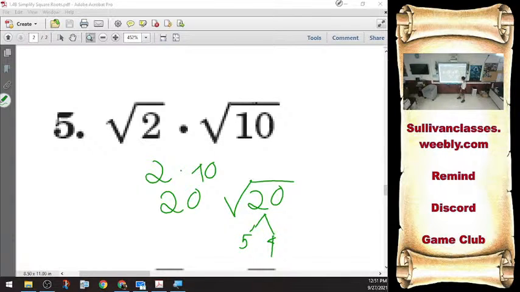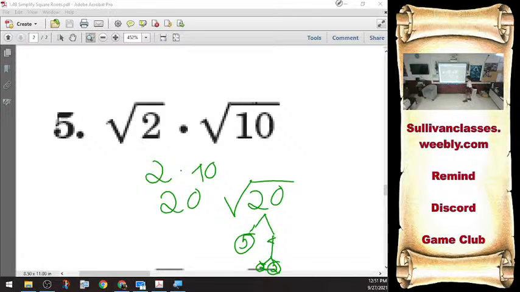Uh-huh. And then 5 is a prime number. Then break this up. I like the vocabulary. And put it to 2. Okay. So square root of 20 is 5 by 2 by 2.